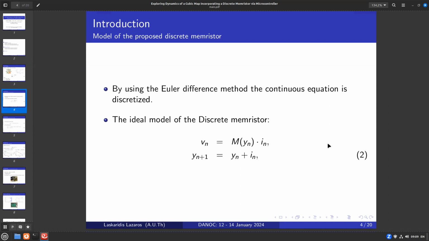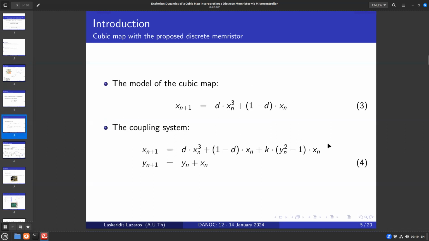And now this ideal model of the discrete memristor we are going to combine with the cubic map, where the cubic map is presented in equation 3, where D is a parameter and Xn is the initial condition. So now we are combining the cubic map and the discrete memristor in one equation, and the final system that we are going to analyze is presented in equation 4, where now K is a coupling parameter.